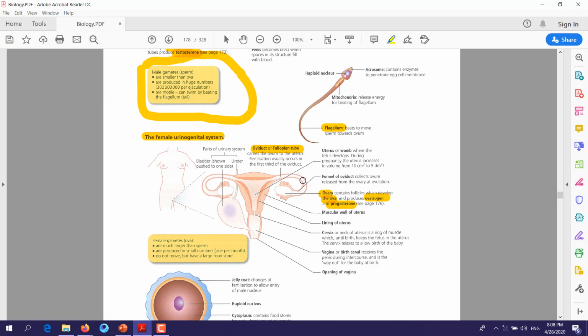It takes it from the ovary and sends it to the uterus. If there is any fertilization, it will take place in the oviduct. The egg will be fertilized here, and then it will move to the uterus. If there is no fertilization, the ova will still reach the uterus.